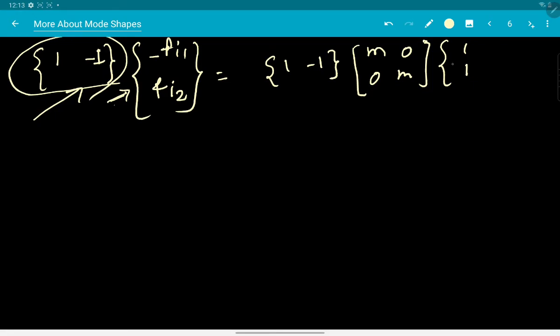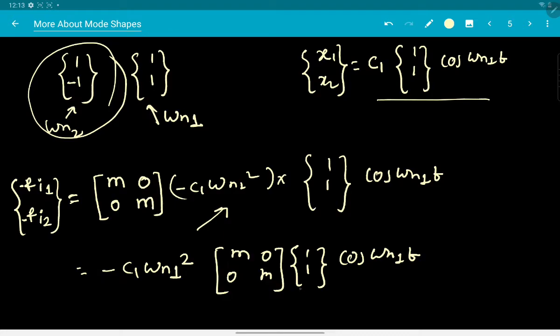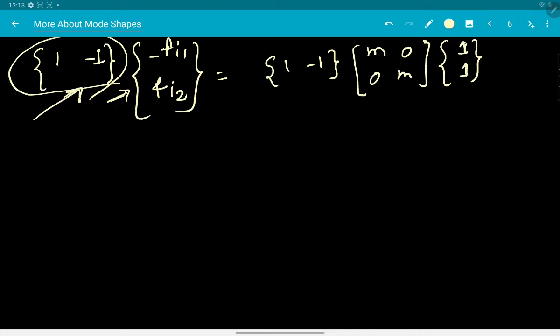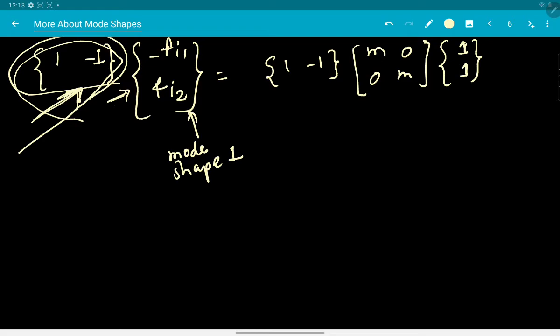In this step we are considering the first mode shape, but we are pre-multiplying by the transpose of mode shape number 2. So for finding the inertial force we consider mode shape number 1, but pre-multiply by the transpose of mode shape number 2.